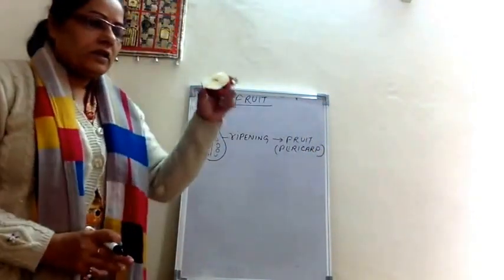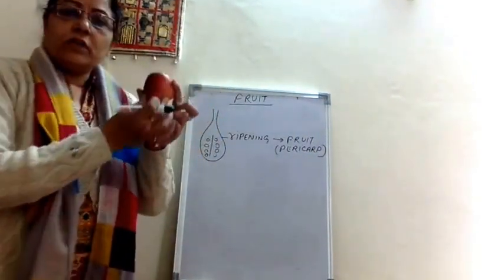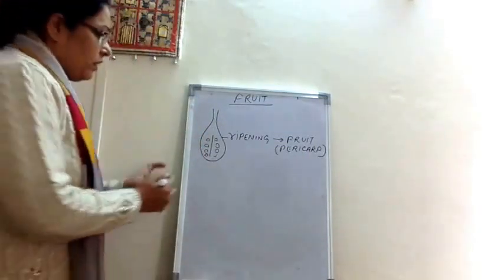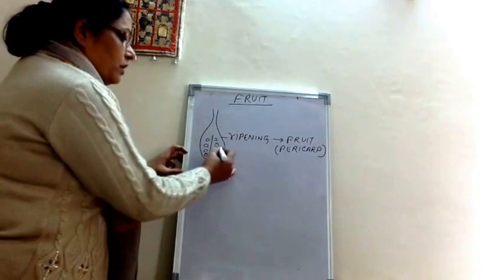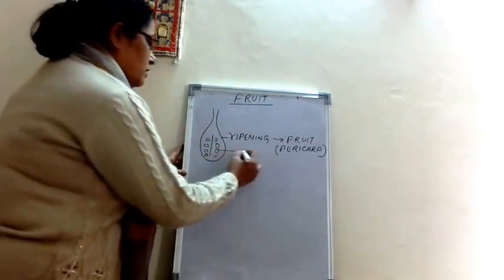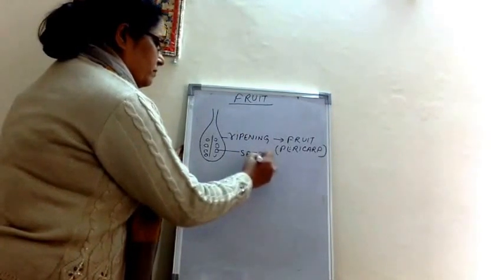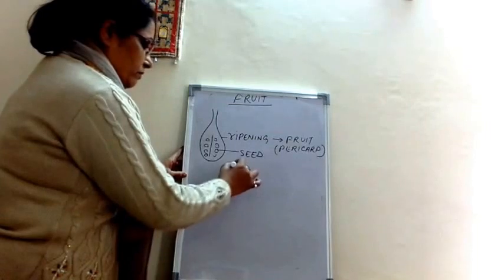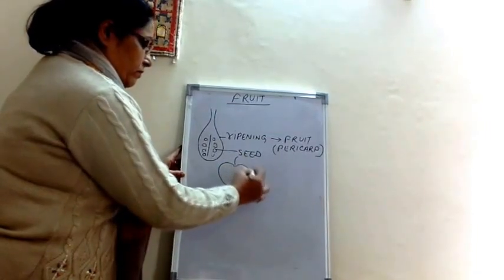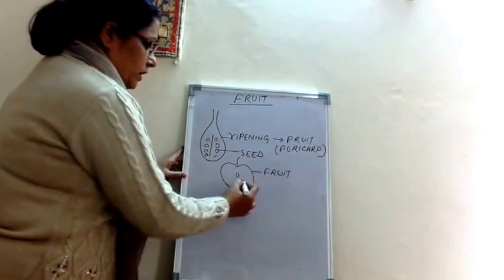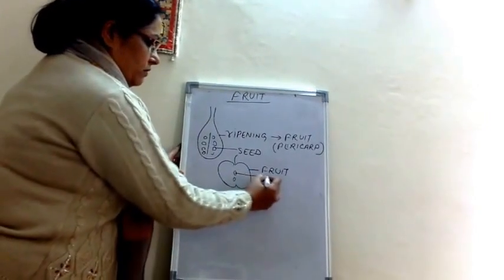As you see in this apple, this outer covering is pericarp. And these ovules, on fertilization with pollen, become seed. So this is fruit, a ripened ovary, and these are seed.